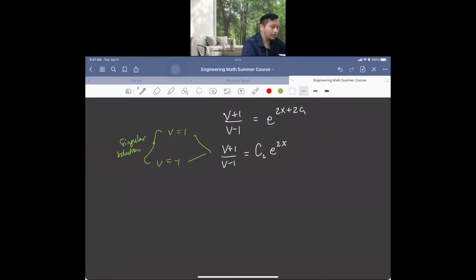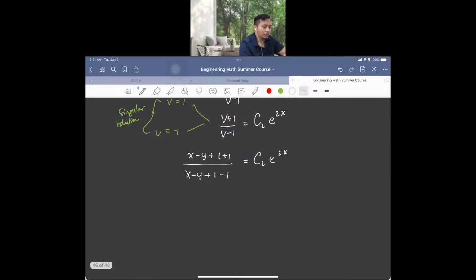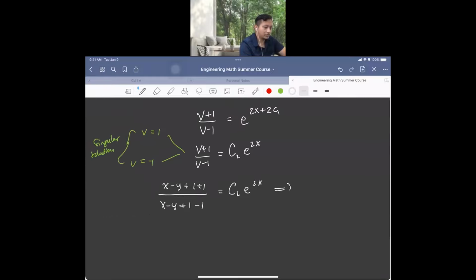But we need to bring back the original equation. So take x minus y plus 1 plus 1, over x minus y plus 1 minus 1, which gives x minus y plus 2 over x minus y equals c2 e to the power of 2x.